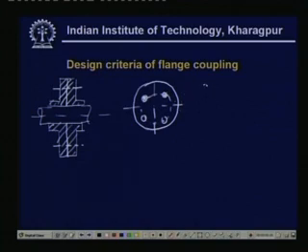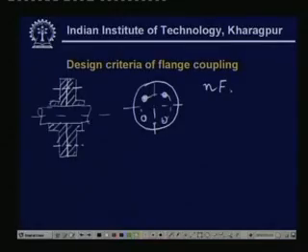Let us say there are n such bolts and each bolt is given a tension F. So, the total force on each flange will be nF. Now, assume that the force is uniformly distributed, that is the pressure is uniformly distributed.